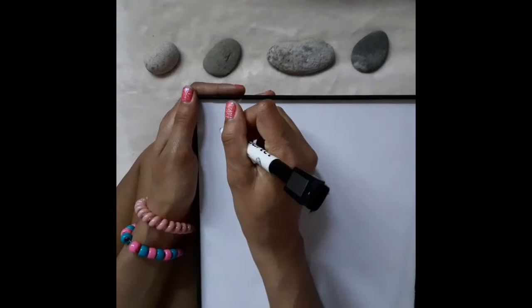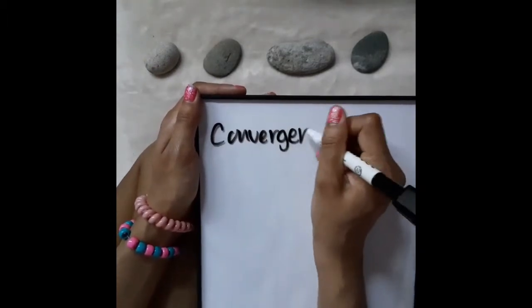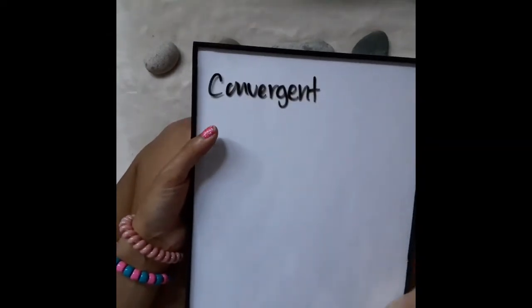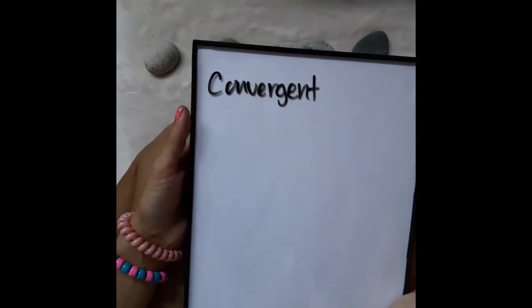Okay, so moving on to convergent. This is considered a destructive type of creation of landmass, I guess.